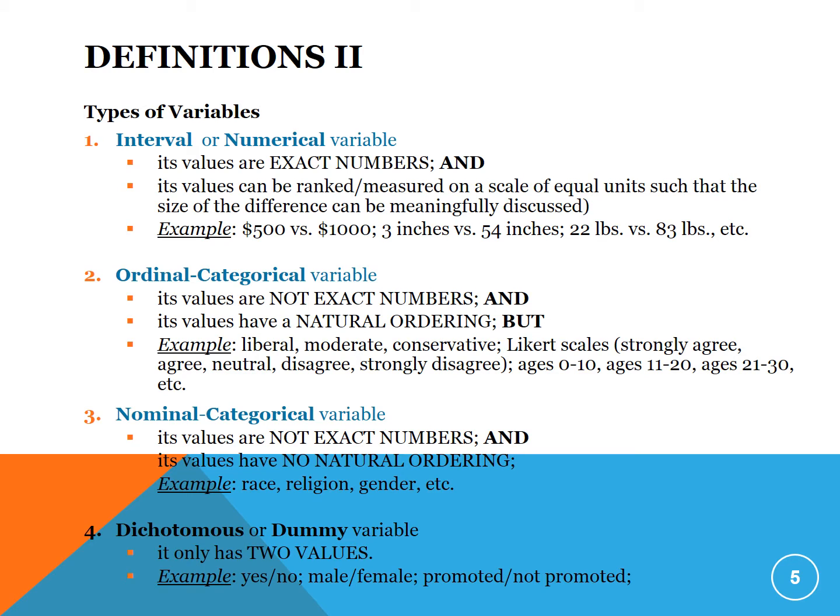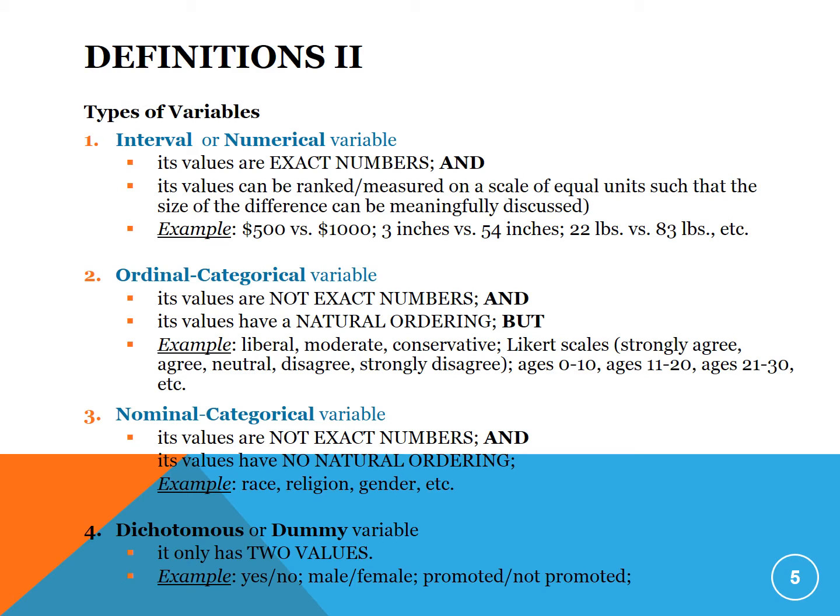There is order there. Moderate is never going to be first between the three of those. Conservative can be first, moderate second, liberal third, or liberal can be first, moderate second, conservative third. Moderate could never be first or last. So there is absolutely an order to it.